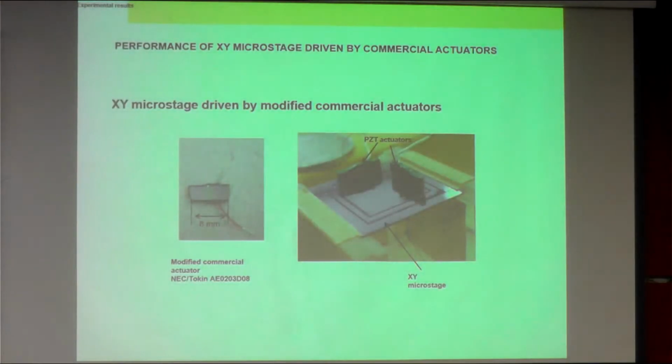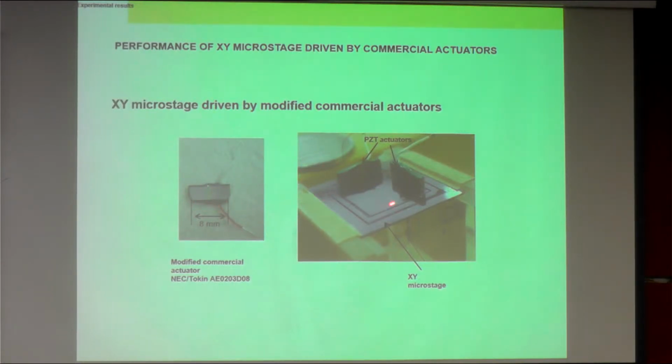Then we go into the experimental results. But before using the fabricated actuator, we did an experiment with a commercially available piezoelectric actuator, which we slightly modified because it needs to be slotted into a narrow area. So this has been thinned in order to slot into this stage.